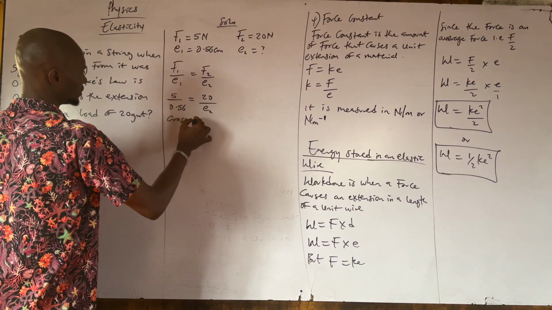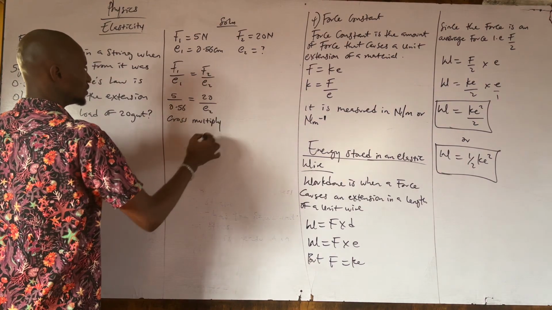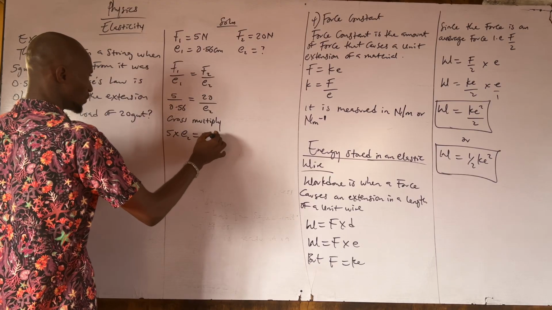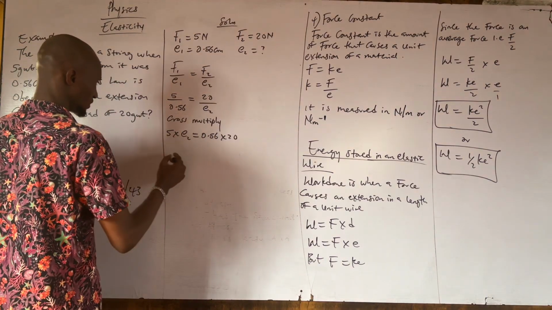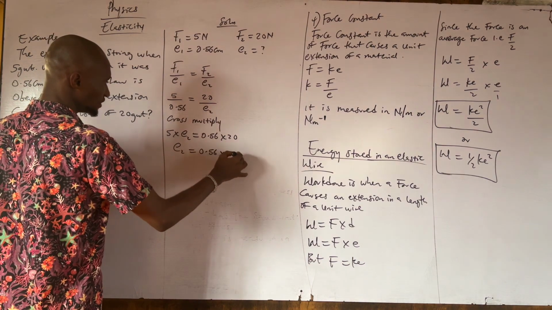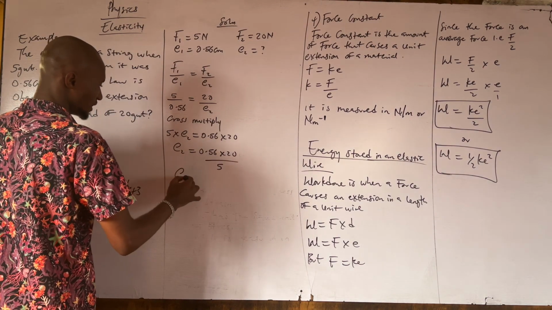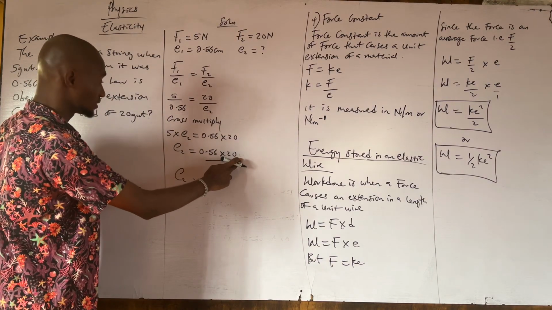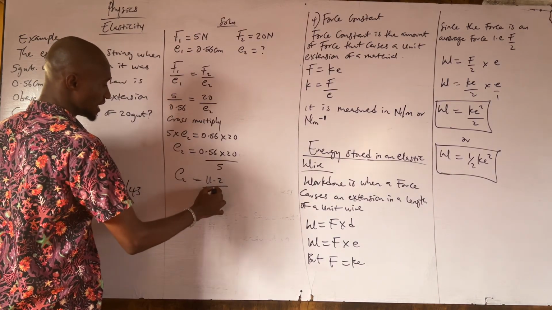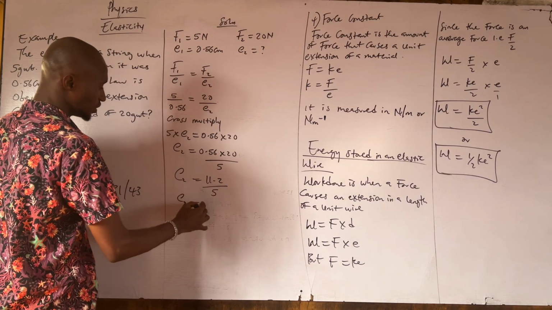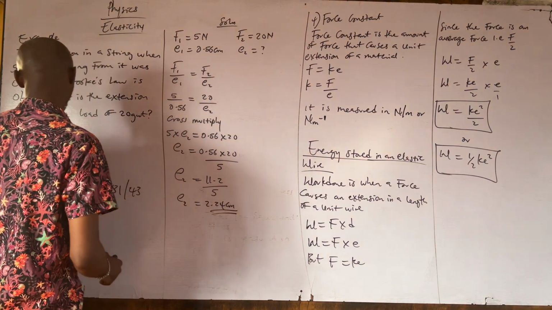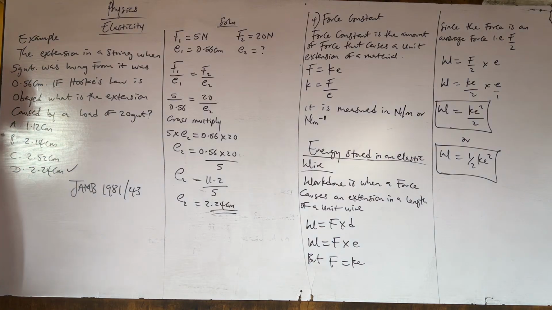When you cross multiply, you're going to have 5 times E2 equal to 0.56 times 20. E2 is equals to 0.56 times 20 over 5. 0.56 times 20 will give you 11.2. 11.2 divided by 5, E2 will give you 2.24 centimeter. Final answer. That is to say that the answer is D. Do you understand now?